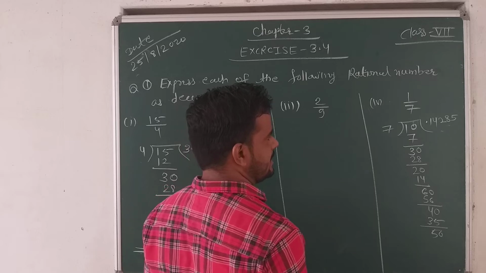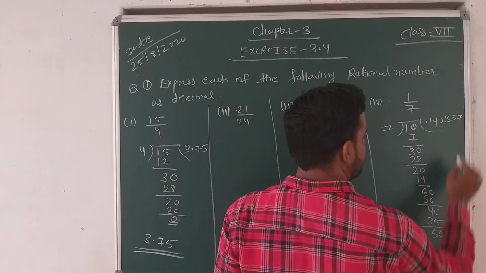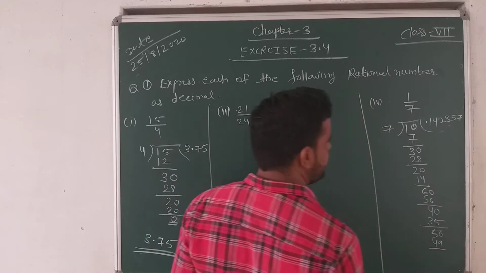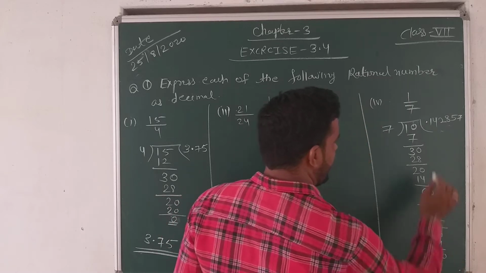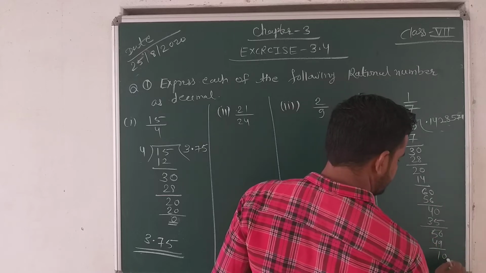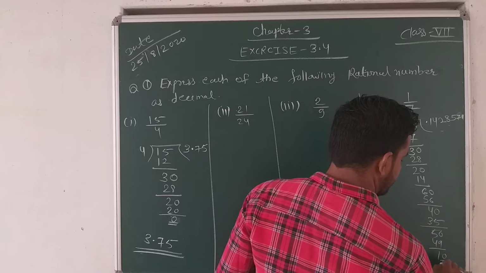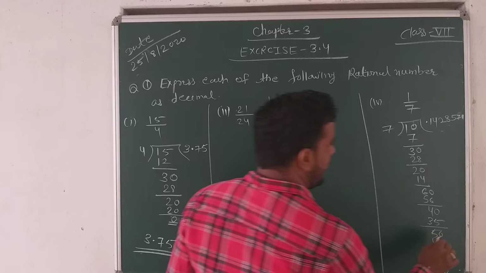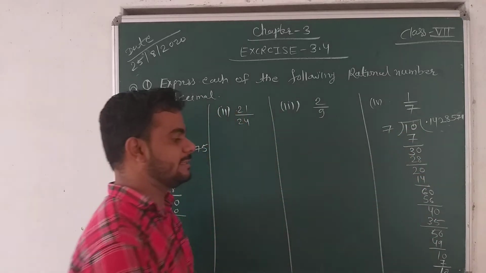Then 7 sevens are 49. Then 1, 0. Afterwards 7 ones are 7. Then 1 again 0. And now the digit is repeating.